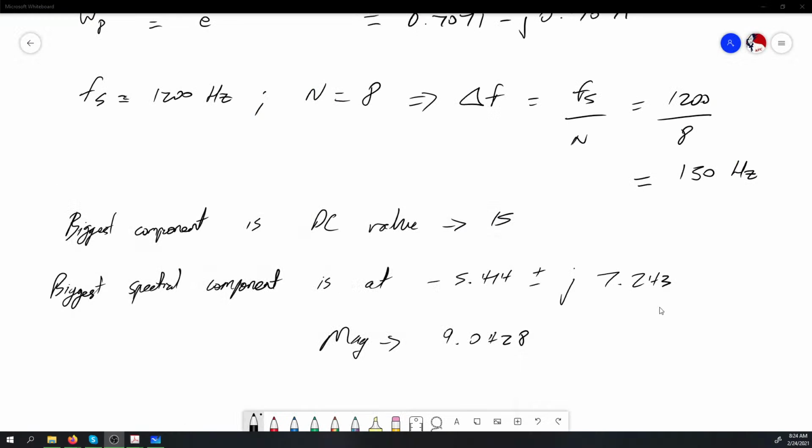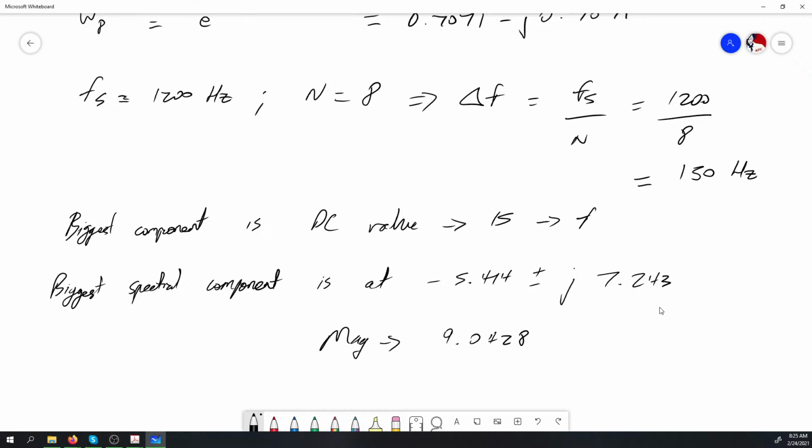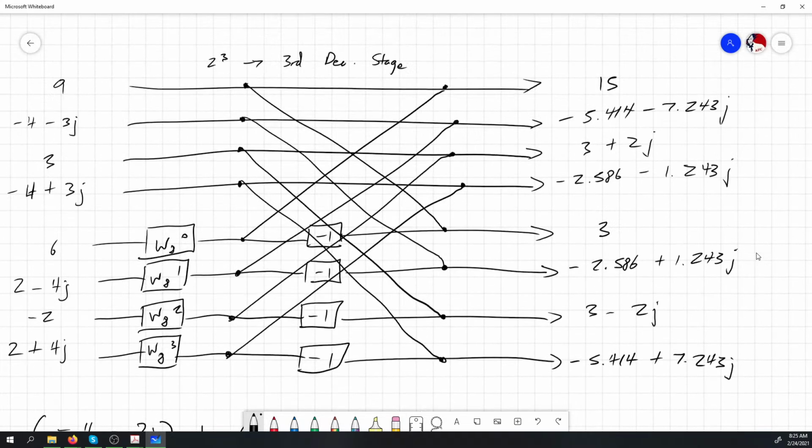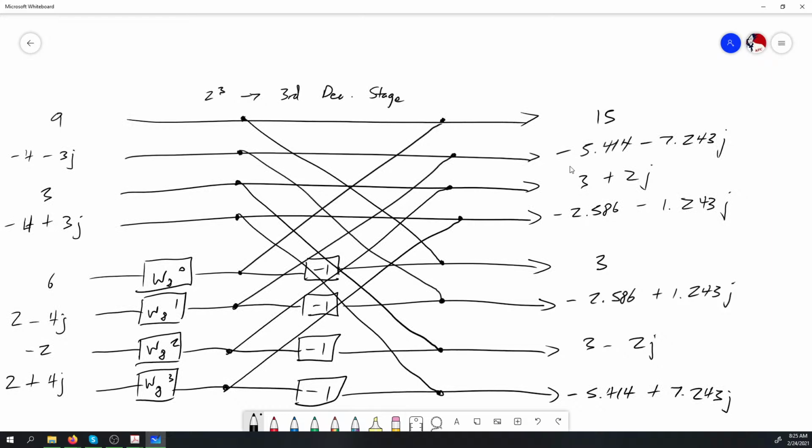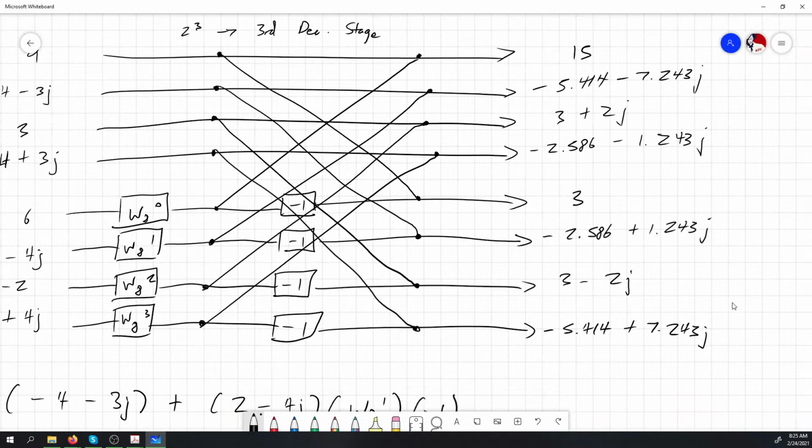Alright, so are there any particular questions regarding the solution here for question 8? Oh wait, there's one other thing. I forgot I need to put the frequencies here. So this here is at f equals 0 Hz. And the frequency for the biggest spectral components would be, this is at the first harmonic and this is at the last harmonic.